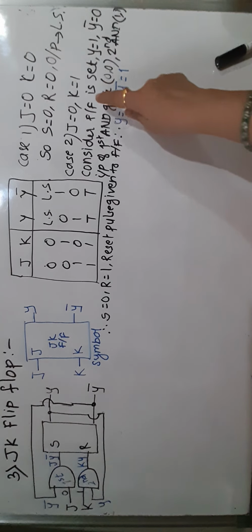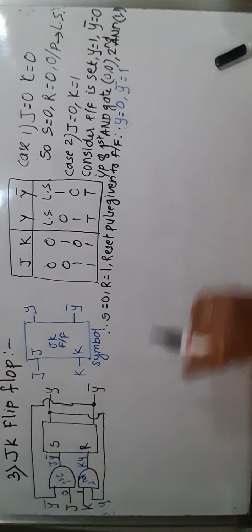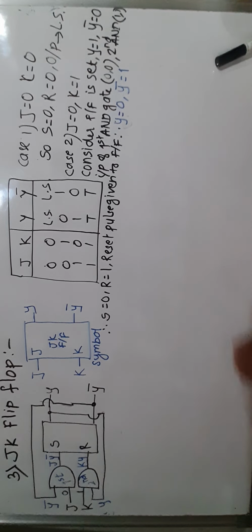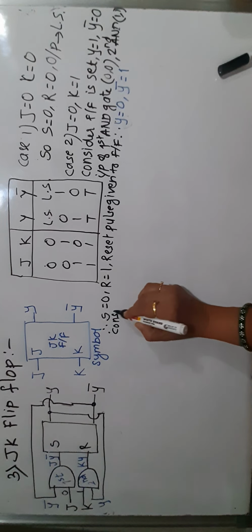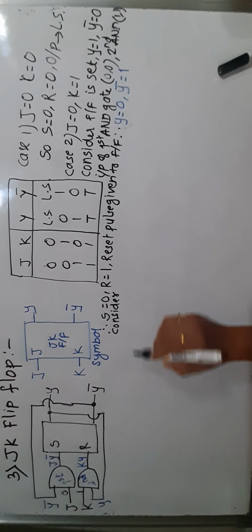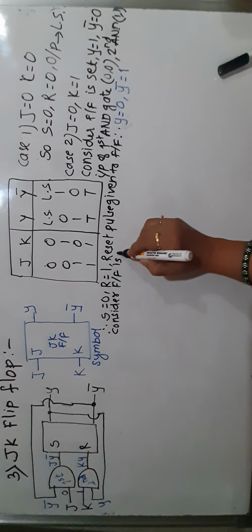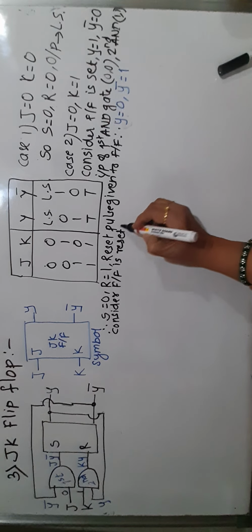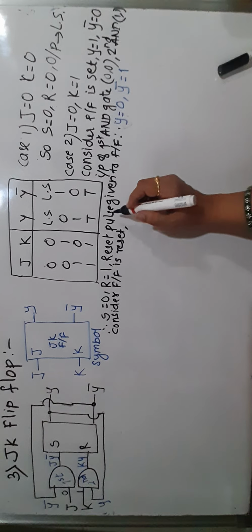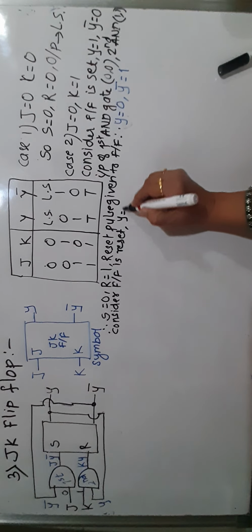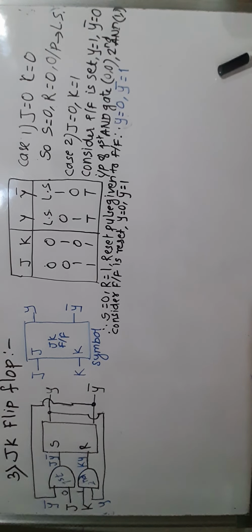Now let's consider the flip flop is in reset mode. Consider the flip flop is reset. So if the flip flop is in reset mode, then Y is 0, Y bar is 1.